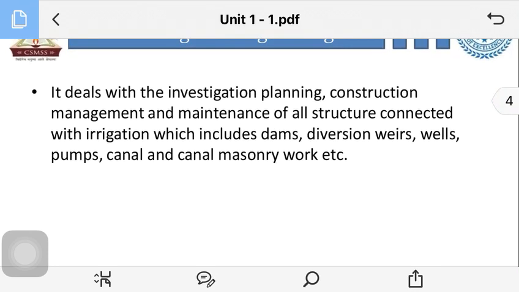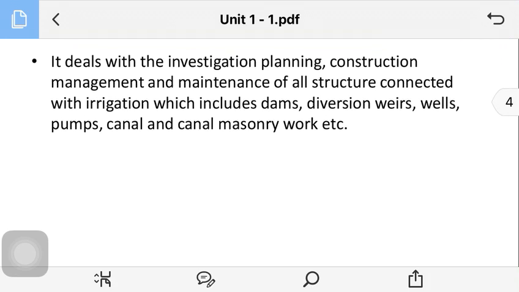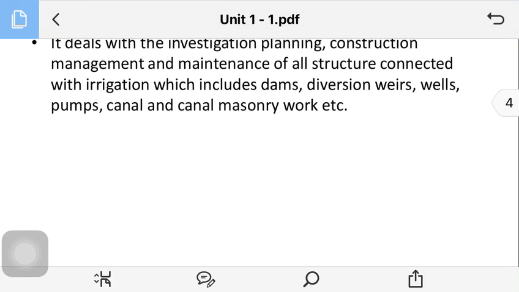Diversion weirs, in simple language, are weirs. A weir is a low obstruction built across a river or canal to raise the water level, or it can also be built in parallel to divert the water. Wells, we all know what wells are, and pumps, canals. Canals are artificial waterways for conveyance of water, and canal machinery, etc.